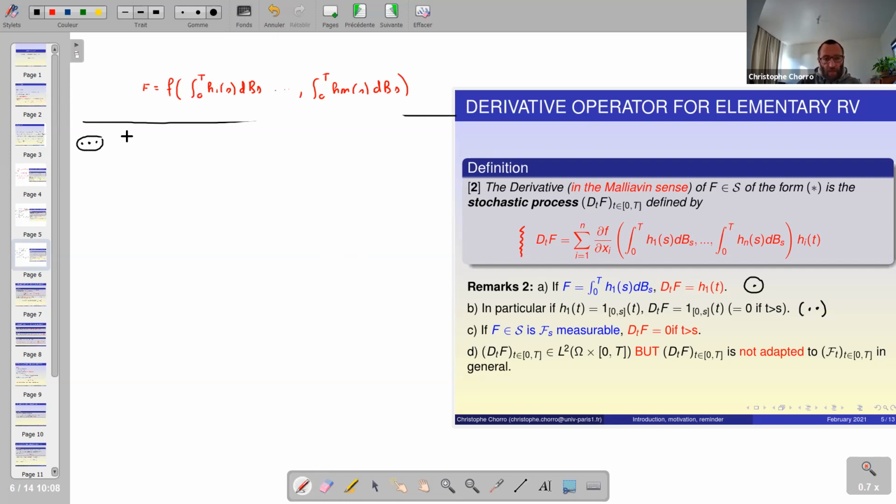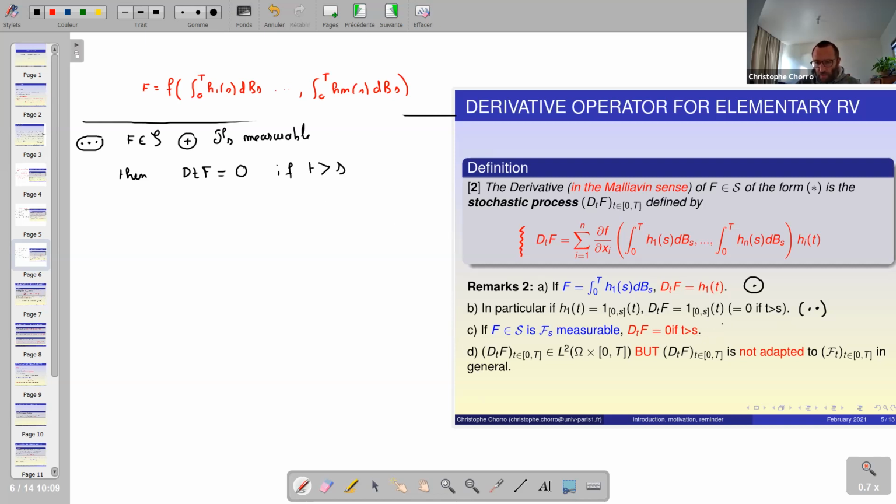I say the following: if you have F that is an elementary random variable, so that has this form here, and if you suppose it to be F_s measurable, then in this case D_t of F is also equal to 0 if t is strictly greater than s.